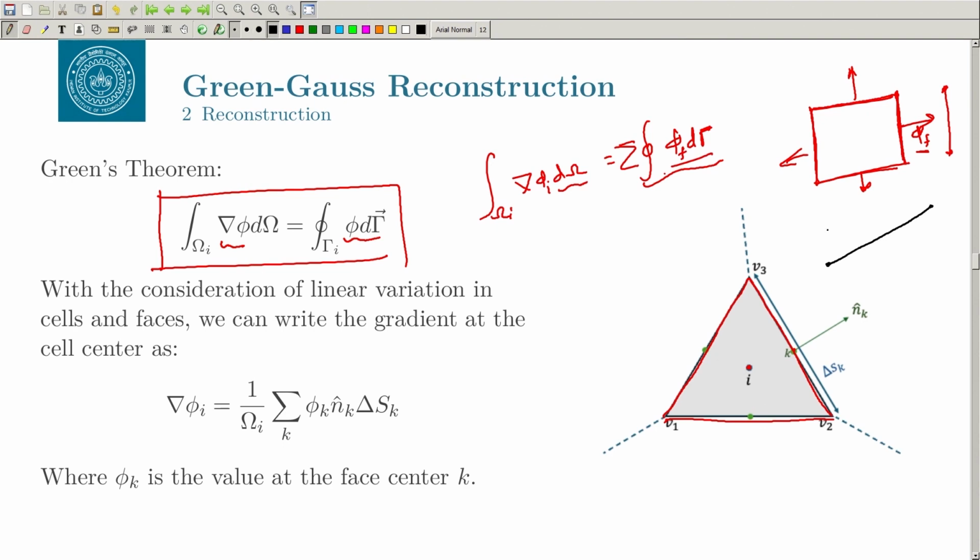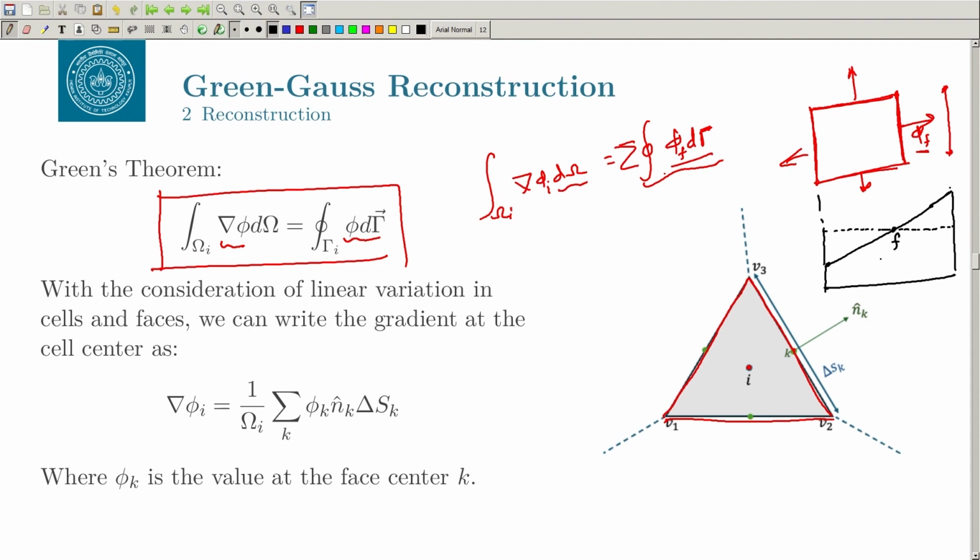If you want to calculate the term phi f d sigma, this is your variation, and this is the center of the face, I call it f. This is my center of the face.